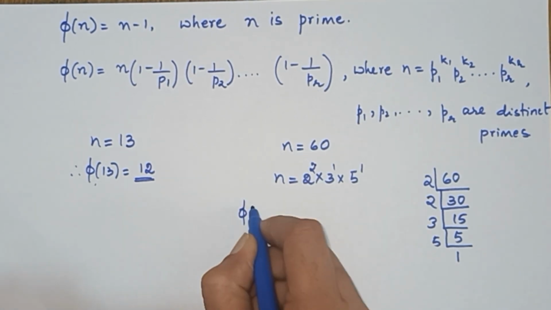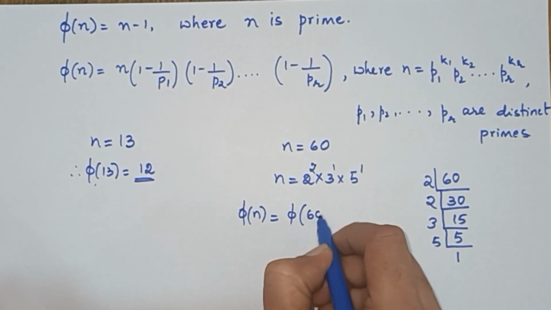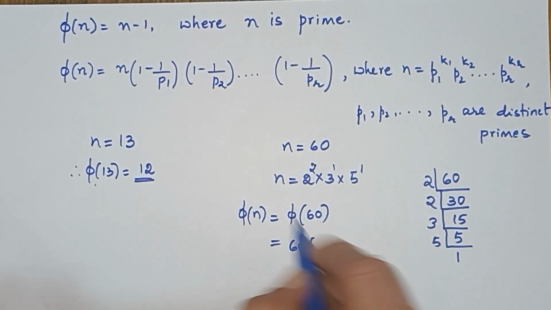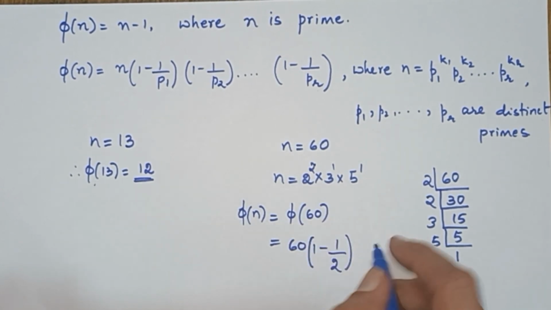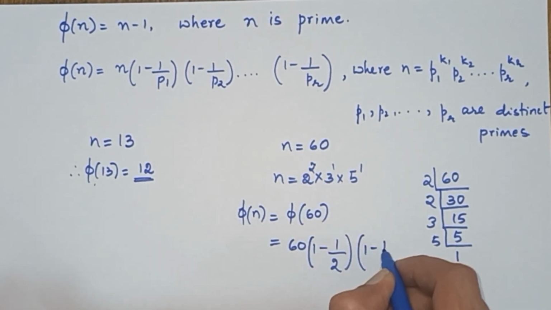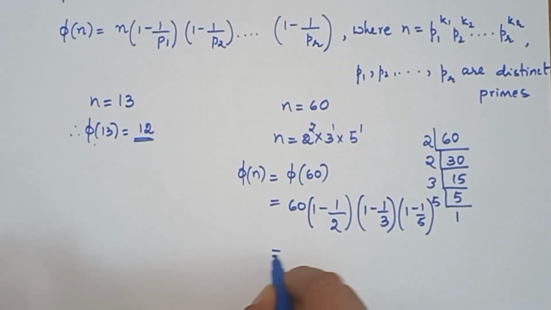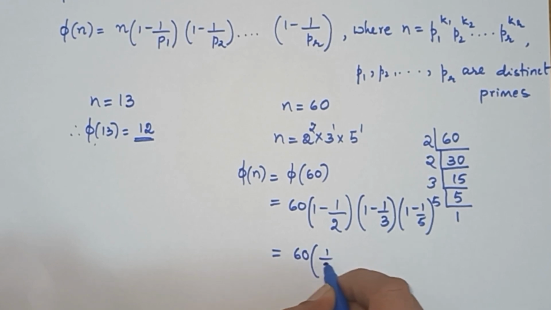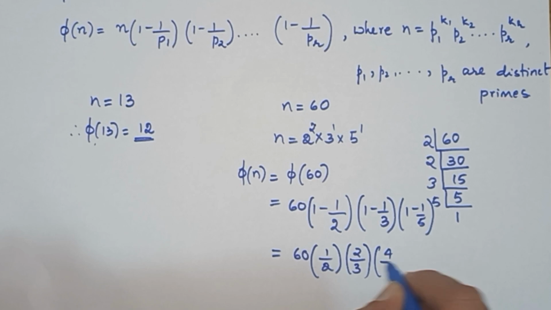Now, as per this formula, phi of 60 equals 60 into 1 minus 1 by 2, that is the first prime, then 1 minus 1 by 3, into 1 minus 1 by 5, which is equal to 60 into 1 by 2 into 2 by 3 into 4 by 5.